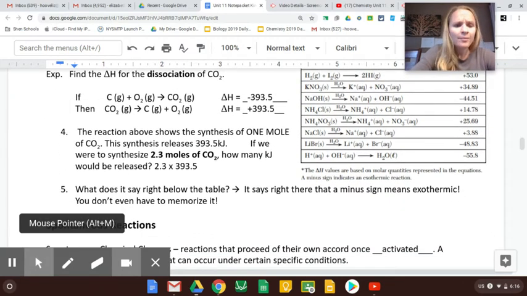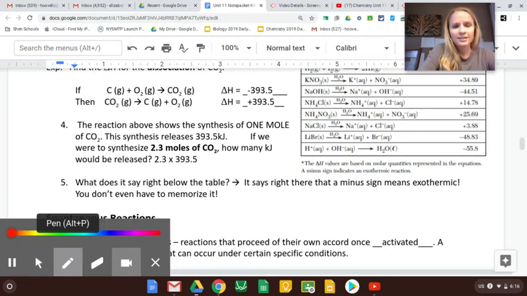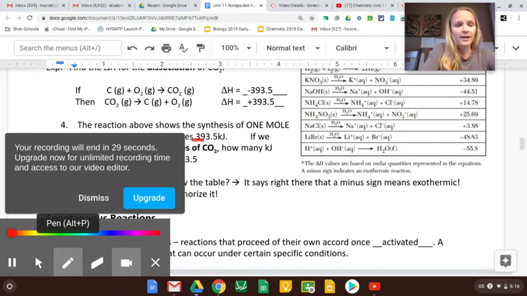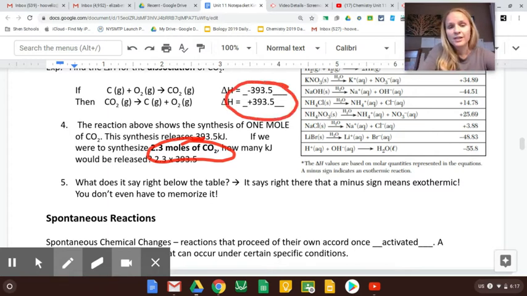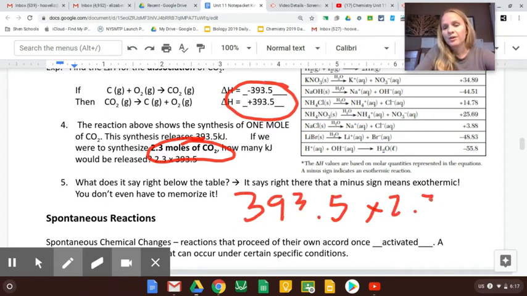Other thing they might ask is, what if you had 2.3 moles of CO2? You would take that 393.5 number and multiply it by 2.3.